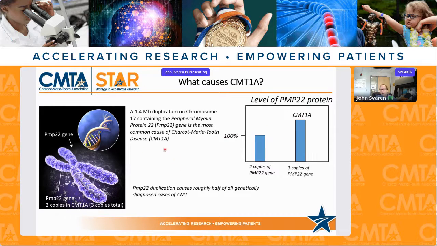One of the major strategies being pursued is simply to reduce the output of the gene, turning the dial down on each of the genes so that you can bring this level of PMP22 protein back into the normal range. So this is really simply what we're trying to do, to dial that down.